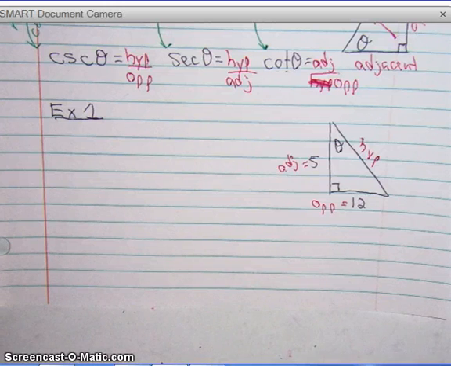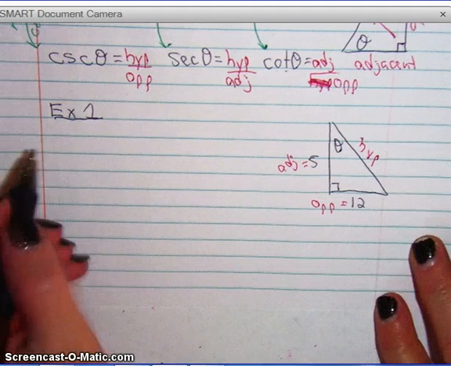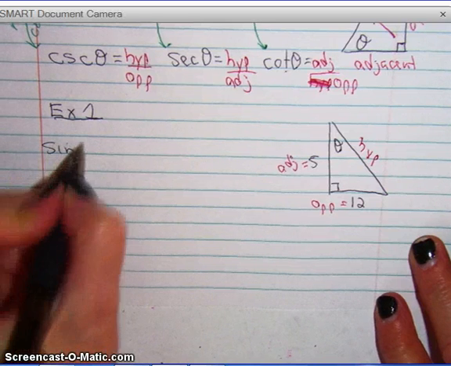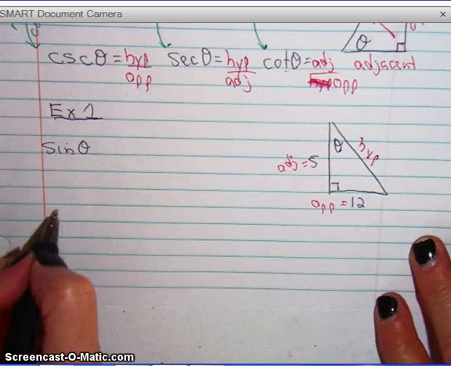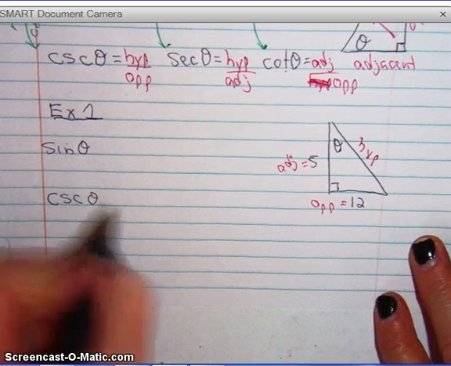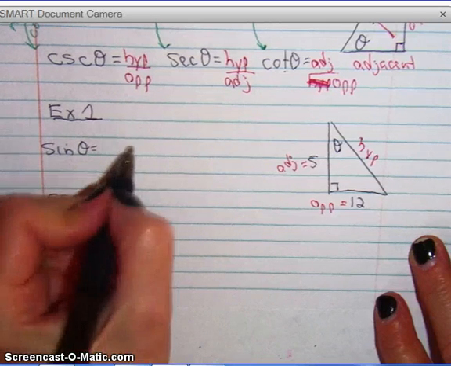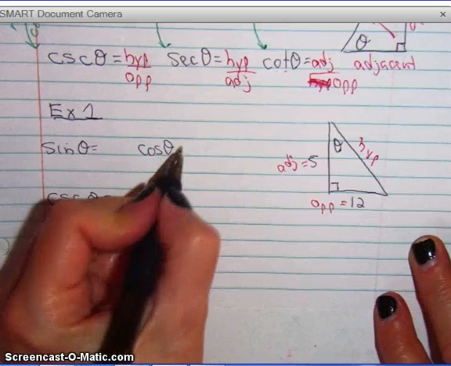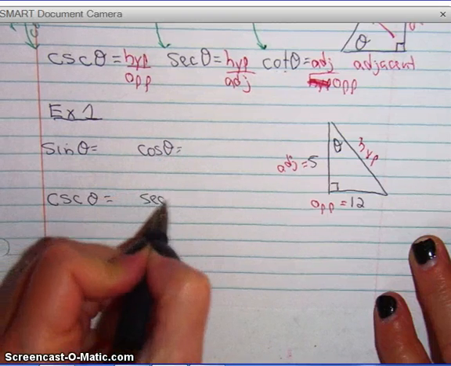Okay, so let's set up our ratios. I always set them up so that they match. So I write sine theta, and then underneath sine theta, I write cosecant theta. And then I write cosine theta, and underneath, I always write secant theta.